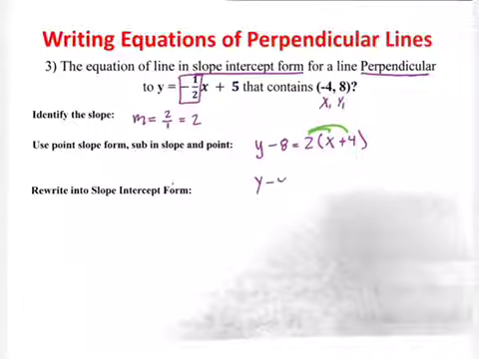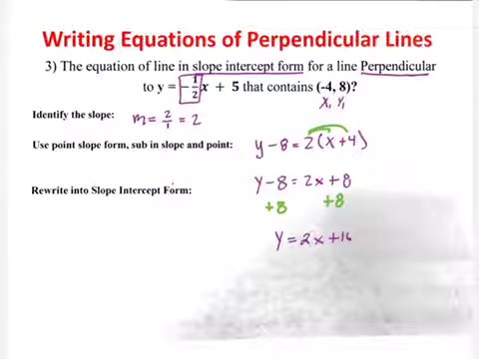We're going to get y minus 8 equals 2x plus 8. And our last step, we're going to add 8 to both sides. And we end up with y equals 2x plus 16.